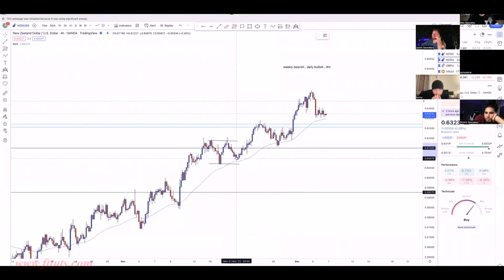The moment we body close above, that is now the higher high, and this is now the higher low. Does that make sense? Is that clear? Do you guys understand? 100%. Perfect. Okay. So we keep it going.